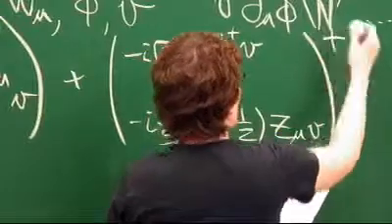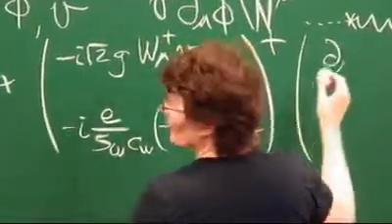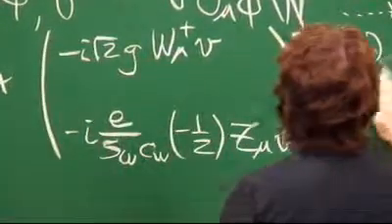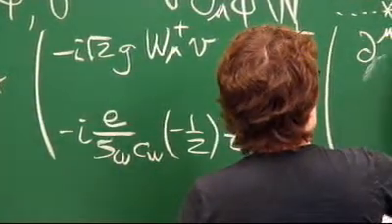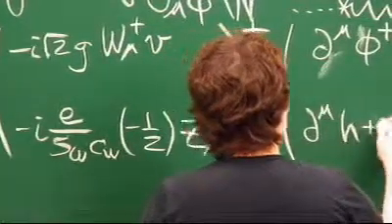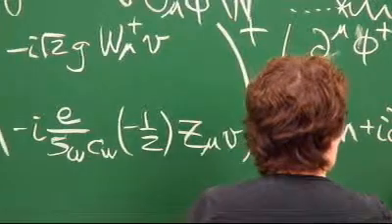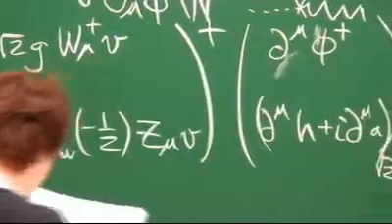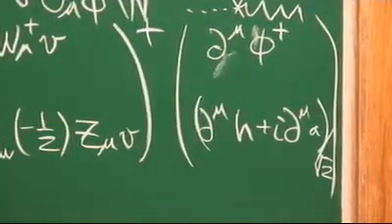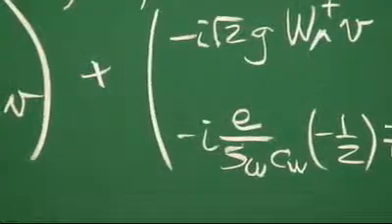So this thing, Hermitian conjugate, and then the derivatives on this side. And there's a root 2 there in the denominator. Okay, so if you multiply this out and collect terms, what you wind up with is the following.